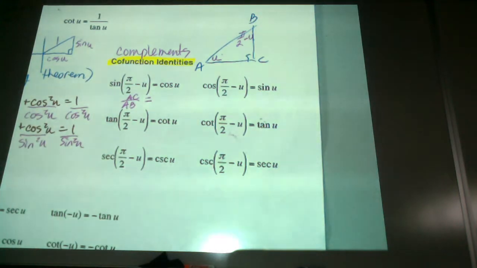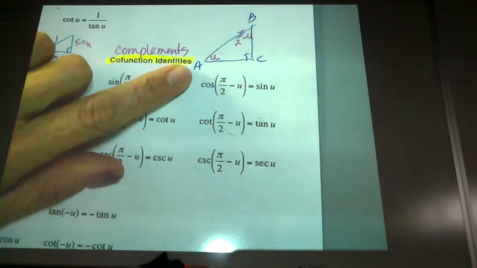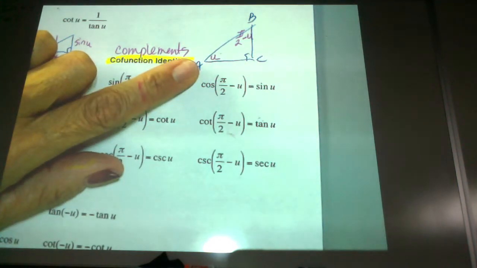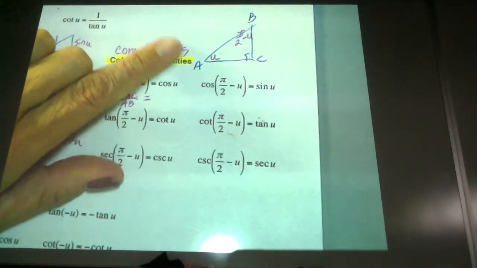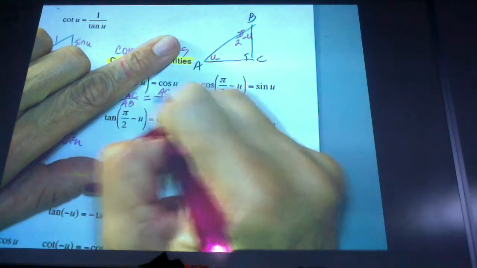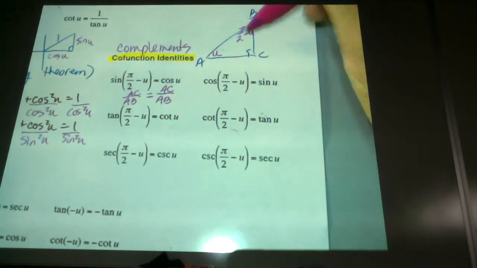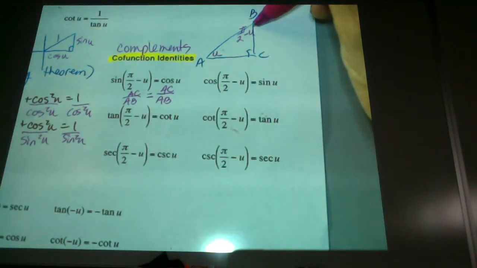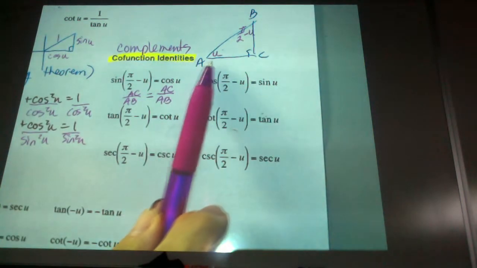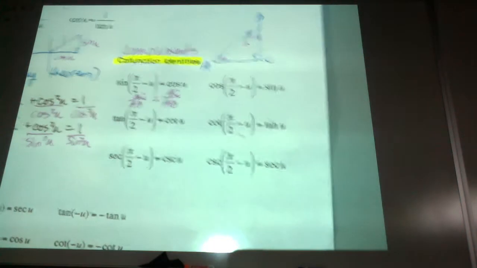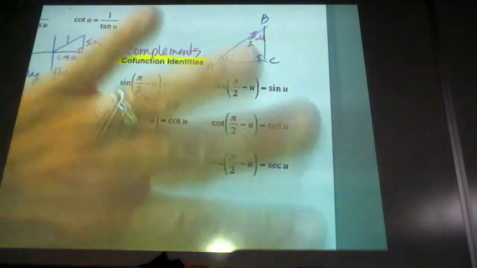So cosine is what over what? Adjacent over hypotenuse. So what side is adjacent to angle u? AC. And the hypotenuse is still AB. Then the sine of this angle turns out to be the identical ratio of the cosine of this angle. And that's all they're saying, and that's the same for all of these.